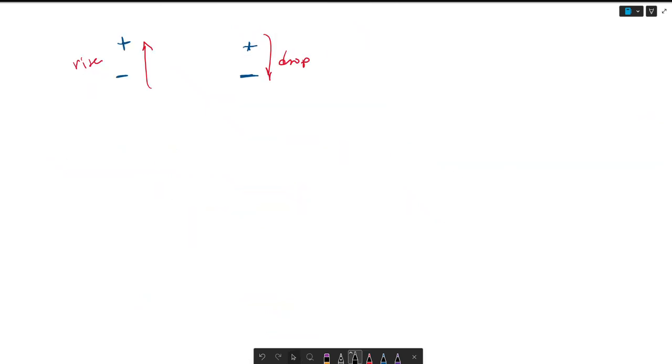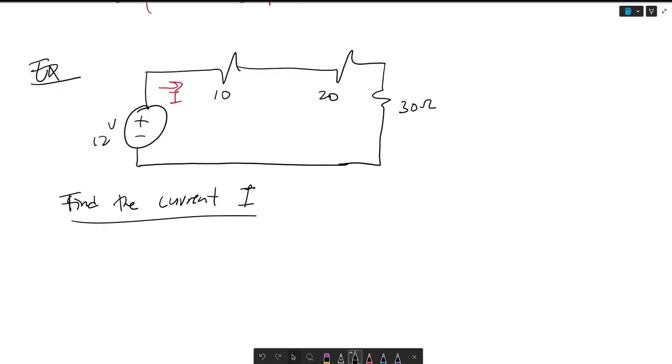We will then finish it off with a quick example. And this is the following example that we want to solve, and it's asking us to find the value of current I in the circuit. And normally, if I'm given a circuit like this, I consider that the only source that has a voltage rise is my battery in terms of my current convention, being that it's going in this direction.